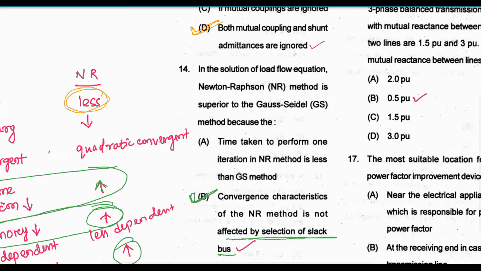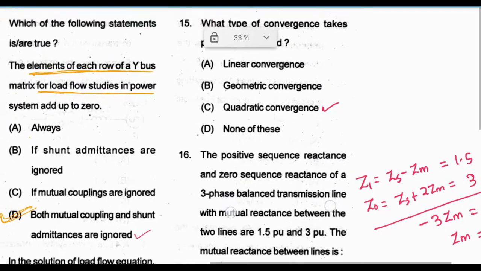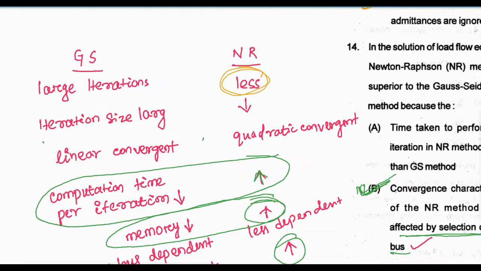So here the answer is that the convergence characteristic of Newton-Raphson method is not affected by selection of slack bus. Next is question number 15. What type of convergence takes place in Newton-Raphson method? I have already explained in the previous question that it is quadratic convergence. I have written here quadratic convergence in the case of Newton-Raphson method.